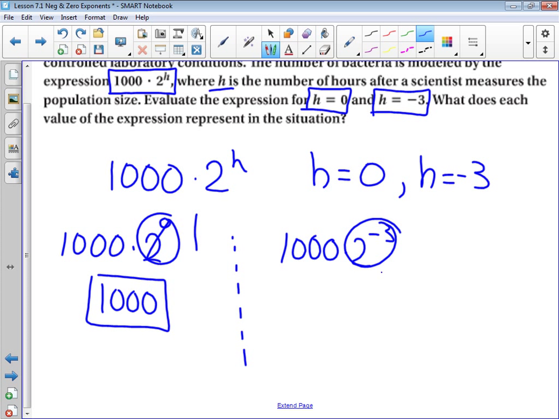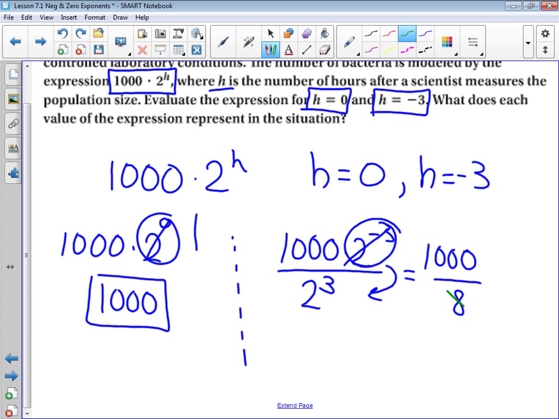It means take that number, move it below, or change it from the top to the bottom and make the exponent positive. 2 to the third power is 8. 4 will divide evenly into 8 2 times, and 4 will divide evenly into 1000 250 times, and I can go even further, 125.